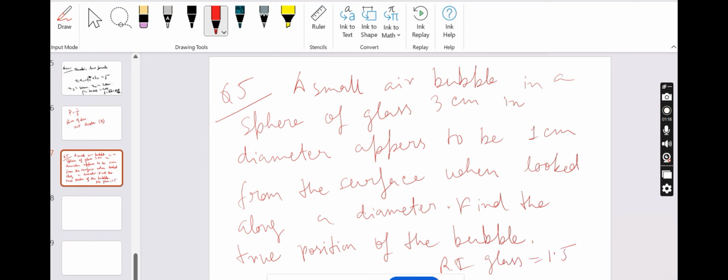So our air bubble is in a sphere of glass. The glass sphere is 3 centimeter, and the air bubble appears to be 1 centimeter from the surface when we look along the diameter.